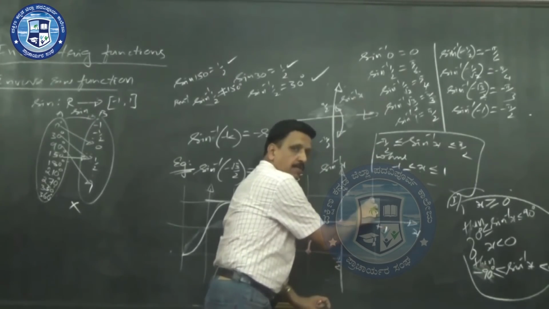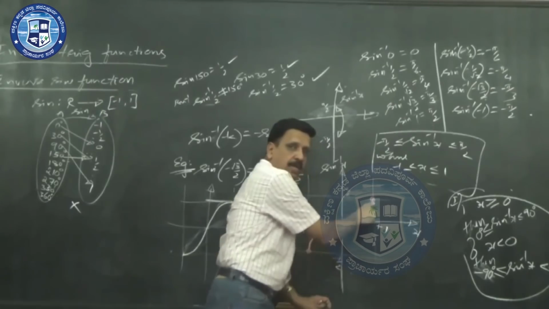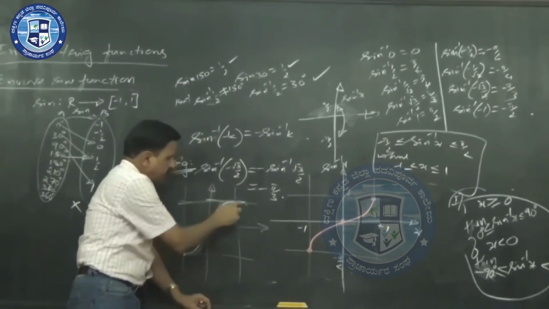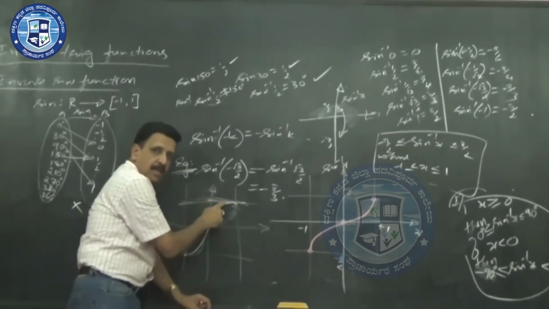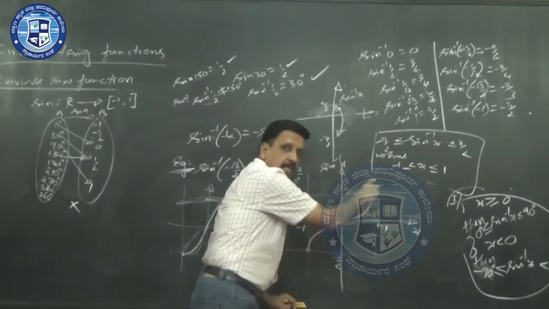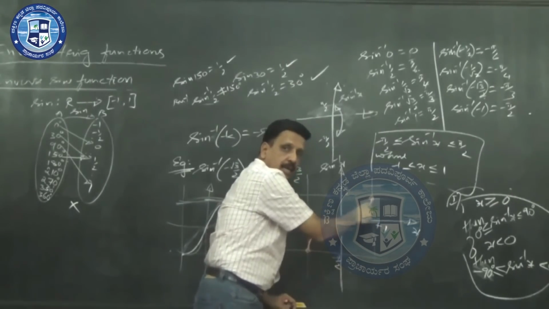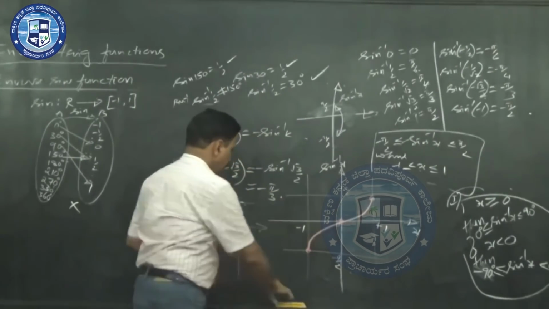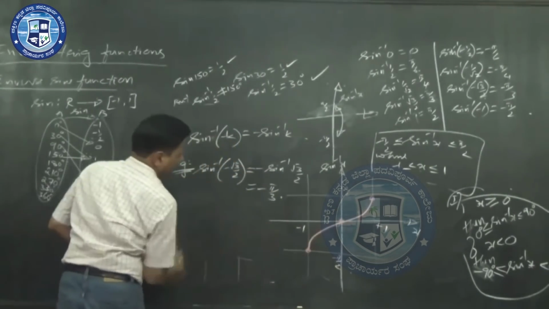At this particular point, if you draw the tangent, it must be perpendicular to x-axis. It cannot be parallel to x-axis. If the graph is like this, the tangent will be parallel to x-axis. But if the graph is like this, the tangent is perpendicular to x-axis, and the tangent has to be perpendicular to x-axis at this particular point. So, this is the graph of sine inverse x versus x.